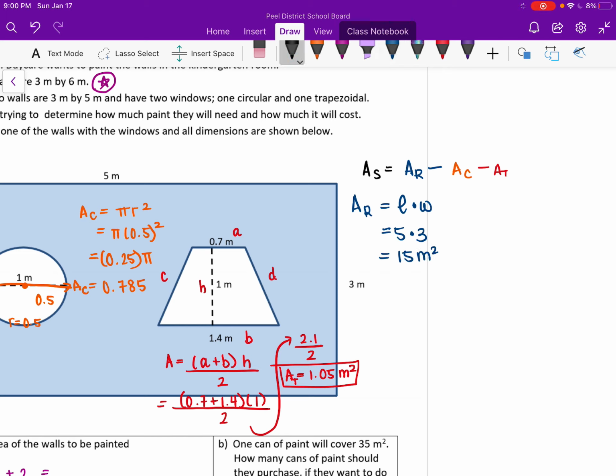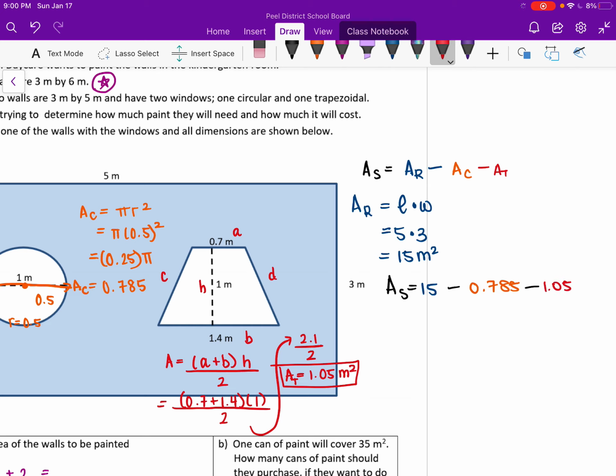So now I'm just going to put in what I have. My area shaded is going to be 15 meters squared minus 0.785 minus 1.05, right?